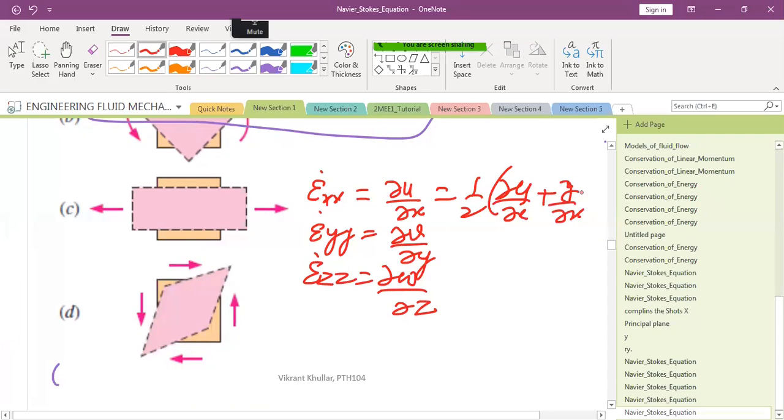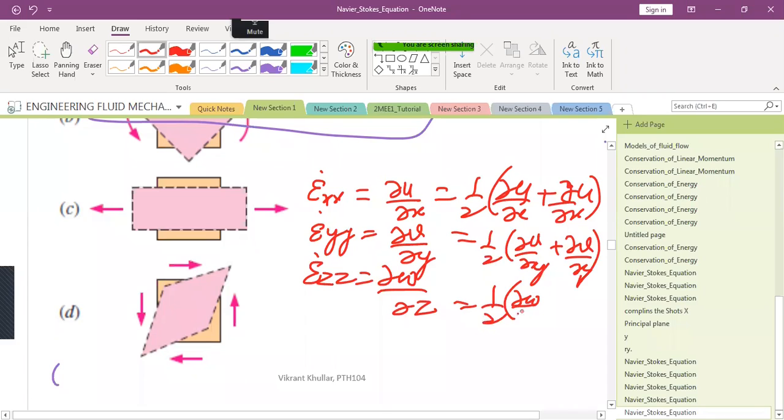This is just a mathematical manipulation, nothing more than that. I am just writing for completeness here. This was half curly W by curly Y plus curly V by curly Z. So this was about linear deformation. Any doubts till this point?